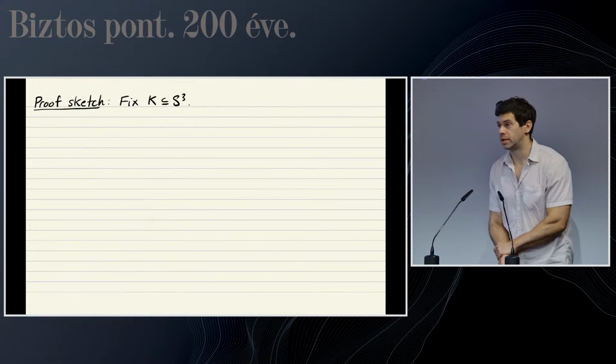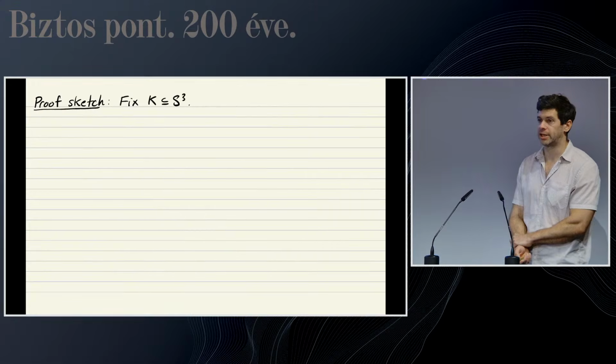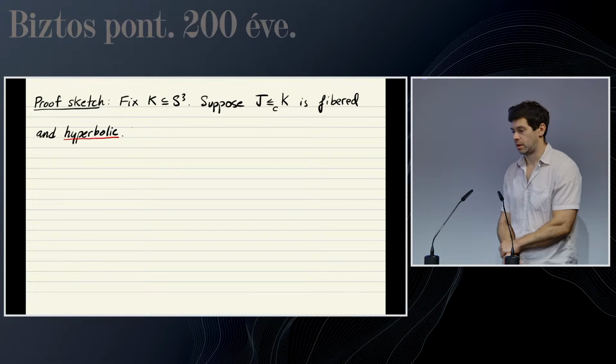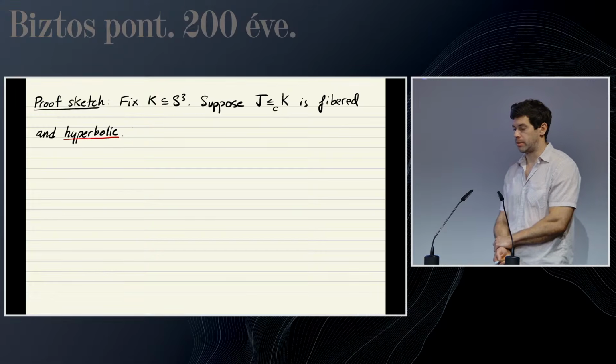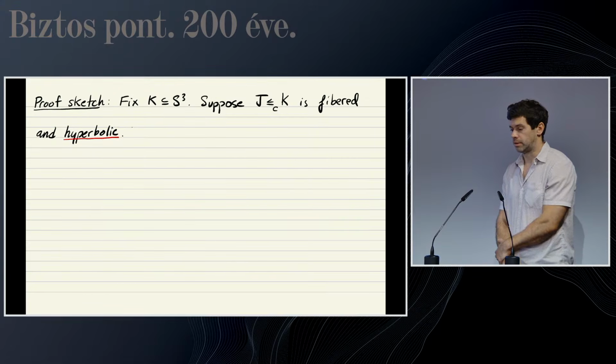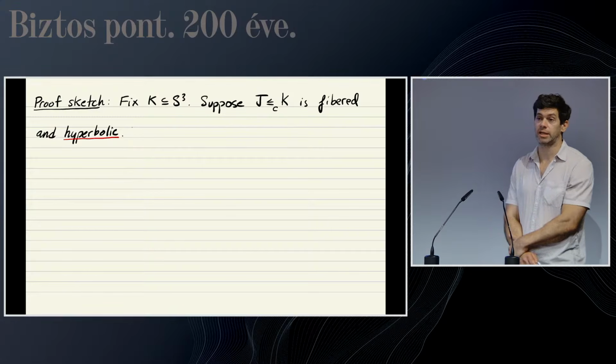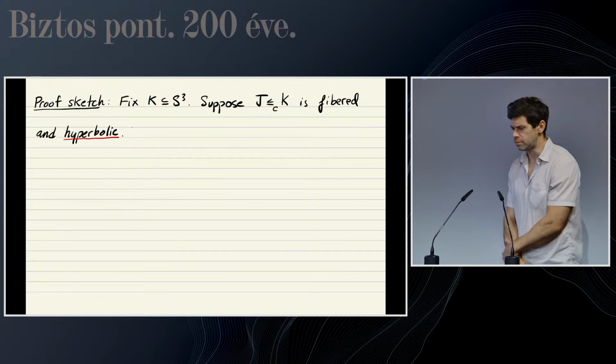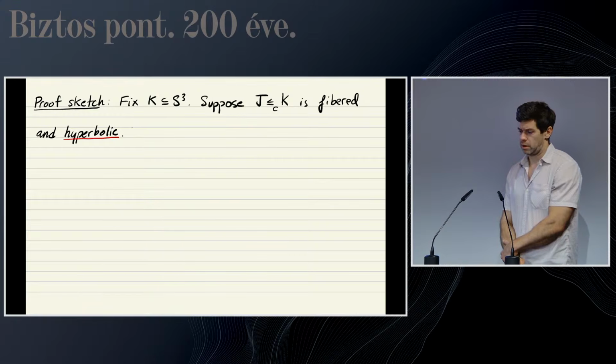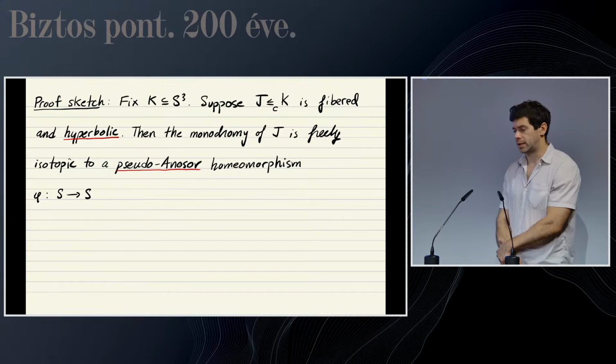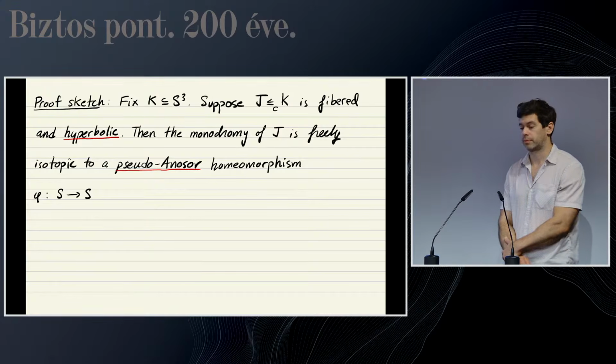Okay, so here's the proof sketch. So let's fix our knot K. And let's suppose that J is ribbon concordant to K by some concordance C. Suppose that J is fibered, and for simplicity at first, let's suppose that J is hyperbolic. Okay. So the fact that it's hyperbolic means that its monodromy has a certain special form.